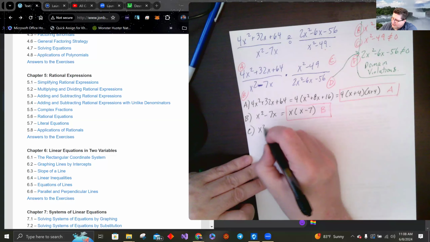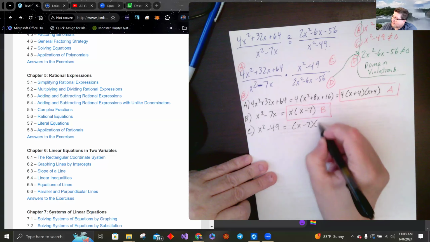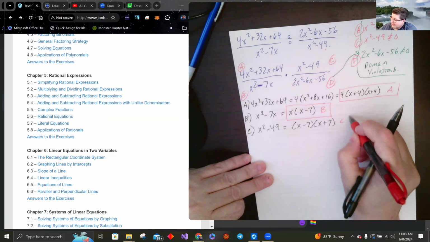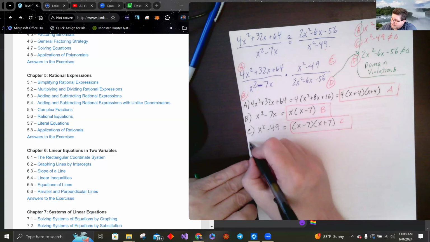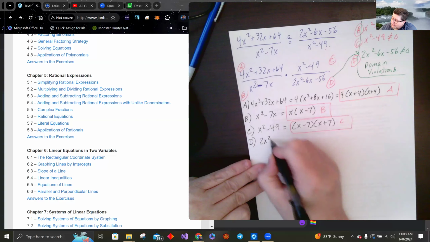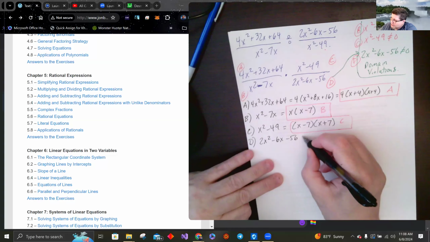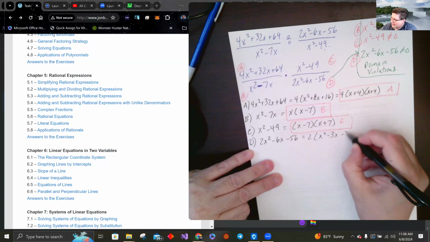C, x squared minus 49 is the difference of squares. That's C. And D is going to have a little bit more work. We need to factor out a 2. I get x squared minus 3x minus 28.